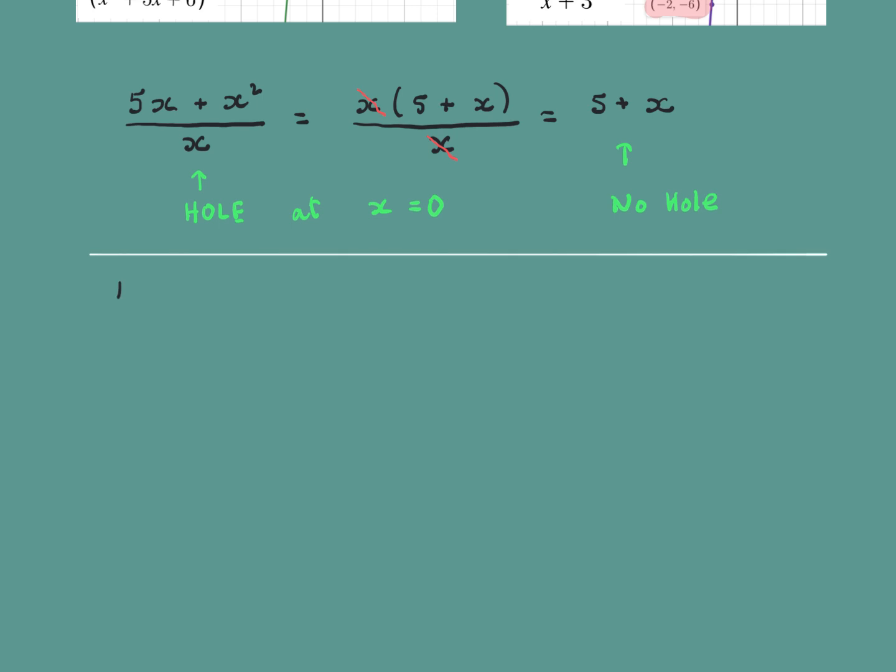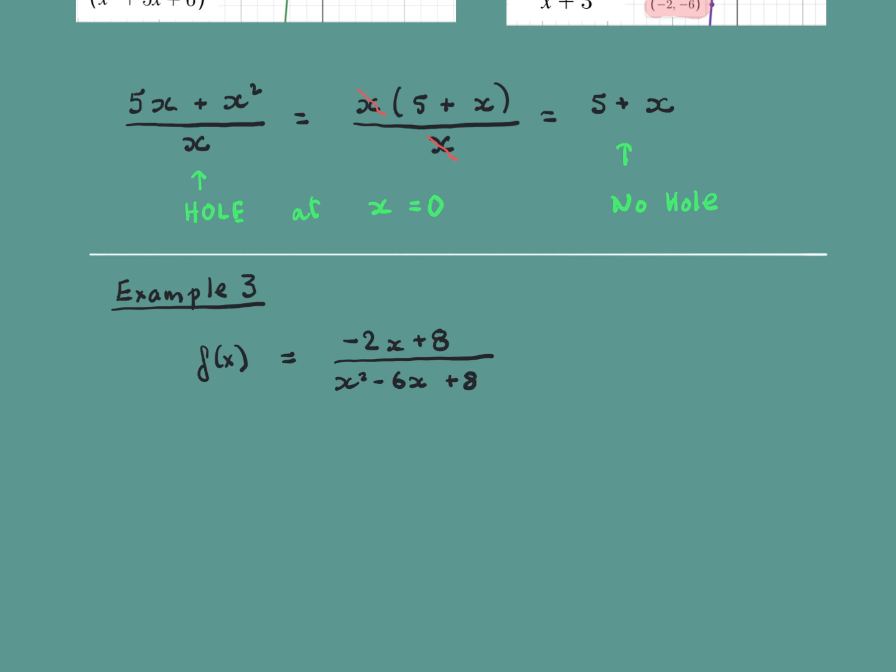Now let's just try example 3. Let's say that my function is now (minus 2x plus 8) over (x squared minus 6x plus 8).